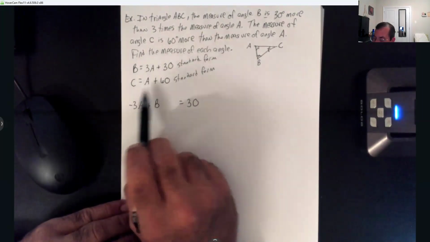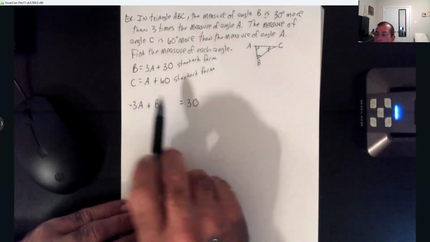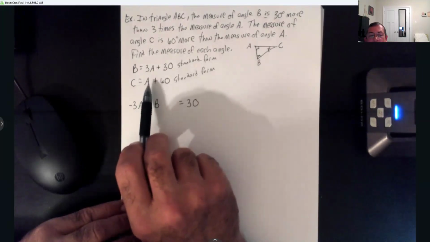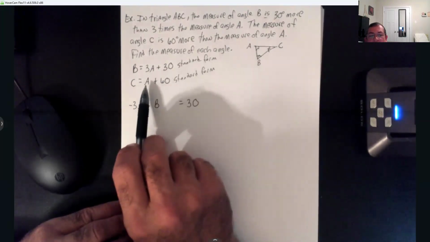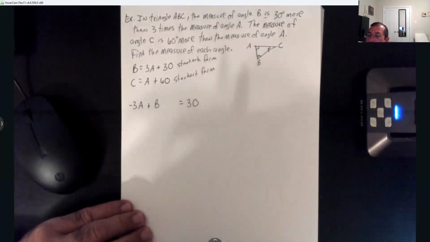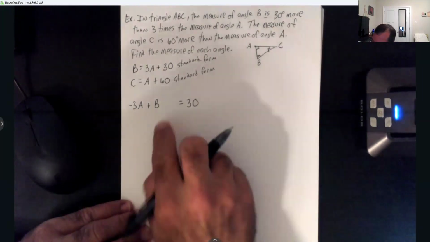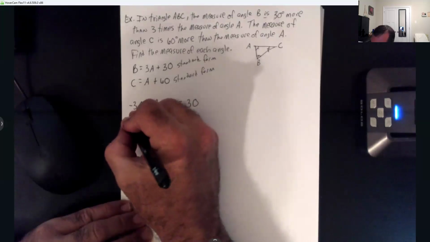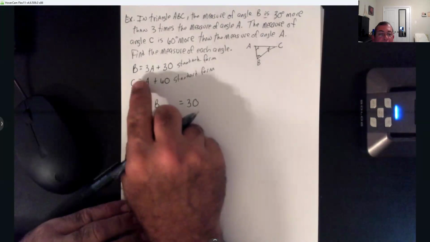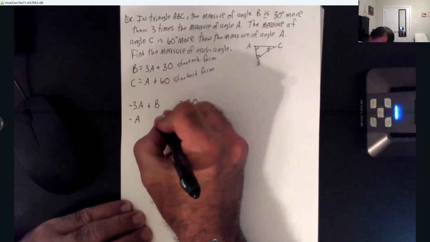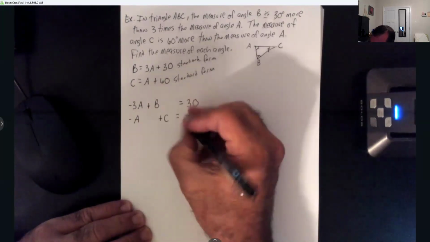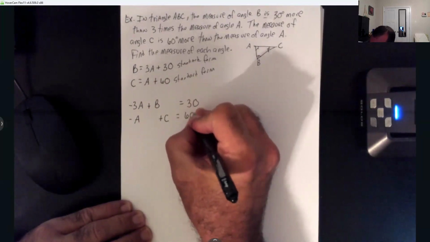So this will be my A column, my B column, and my C. Now y'all look at this equation. C equals A plus 60. If I move this A to the other side, it's going to become negative. So this is going to give me a negative A. There's no B here, but I do have my C. So that'll be plus C, and that line equals 60.